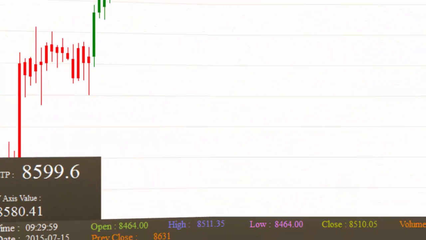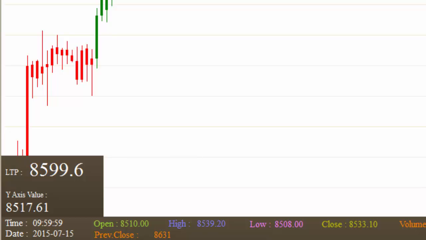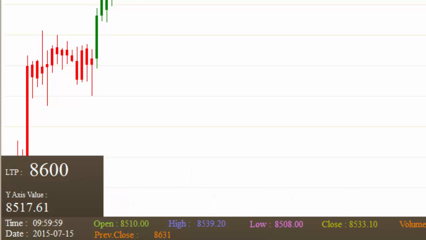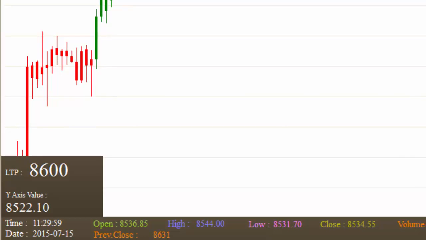Under the chart, the basic parameters are available, which are LTP, y-axis value, time, date, the OHLC, open, high, low, close, and the volume, also the previous close points.